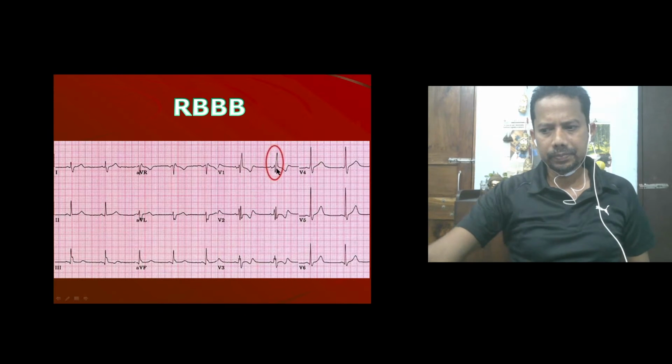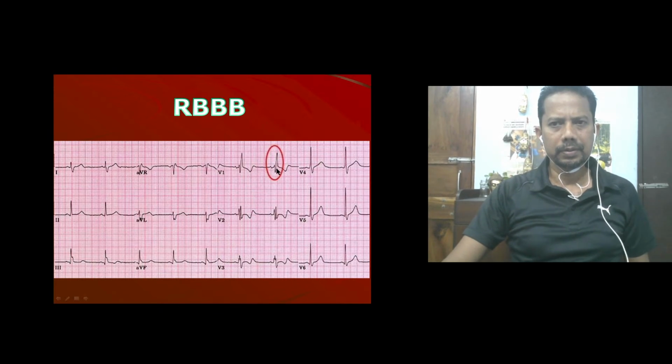So now see in right bundle branch block, in this ECG there is an RS pattern and RS, R dash pattern, concavity upwards, ST depression and T wave inversion, and there is a right axis deviation. This is isoelectric lead 1. So perpendicular to lead 1 is AVF.